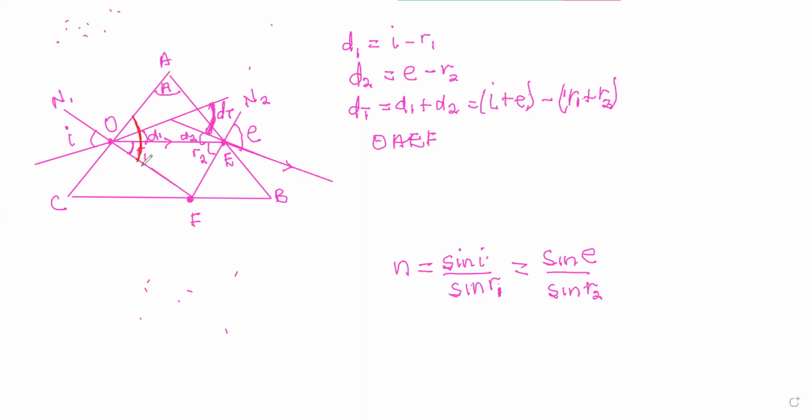Don't forget this is the normal, so the normal must always be perpendicular to the surface. It means this is the second normal. This is also equal to 90. Okay, so 90 plus 90 is 180. In that case, it also means that this angle plus A, the refraction angle A, must also give us 180, so that they will add up to these ones to give us 360.